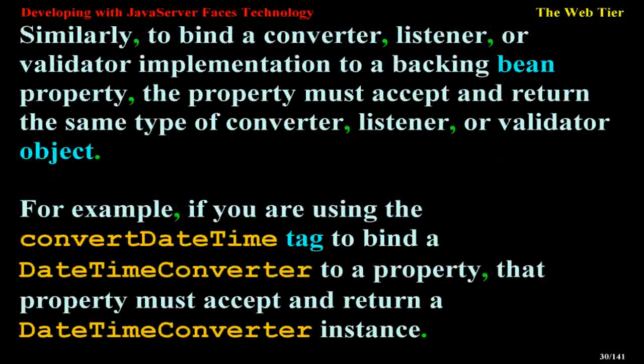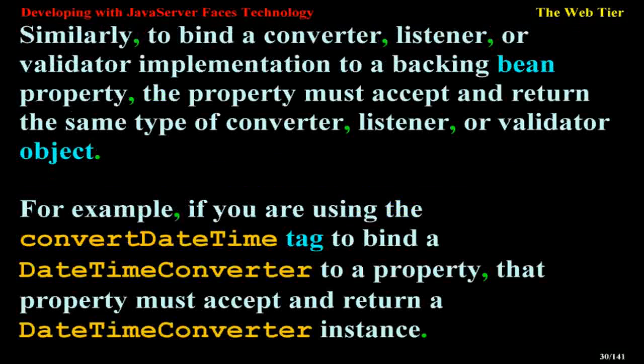Similarly, to bind a converter, listener, or validator implementation to a backing bean property, the property must accept and return the same type of converter, listener, or validator object. For example, if you are using the convert datetime tag to bind a datetime converter to a property, that property must accept and return a datetime converter instance.